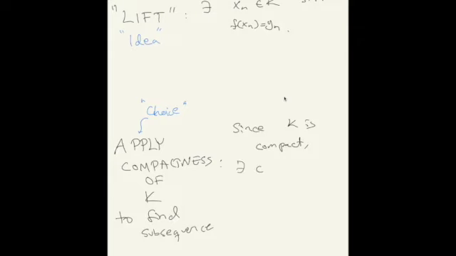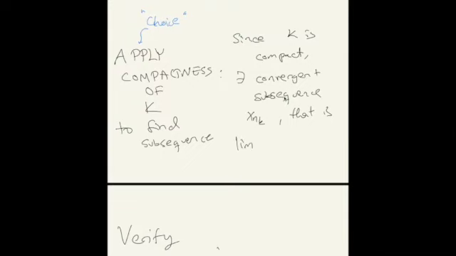there exists a convergent subsequence of the x_n. That is, the limit as k goes to infinity of x_{n_k} is equal to some x.